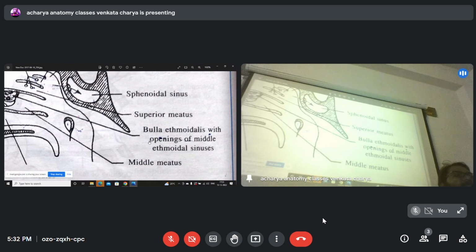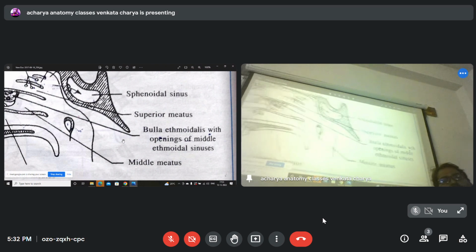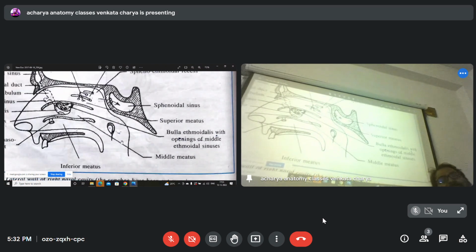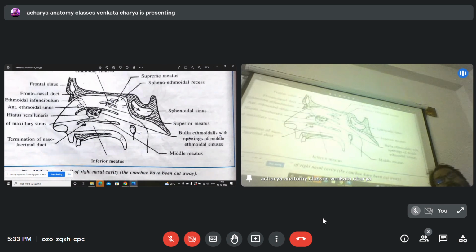So it is an elevated structure. Are you getting? So that is the bony elevated structure present in the middle meatus.